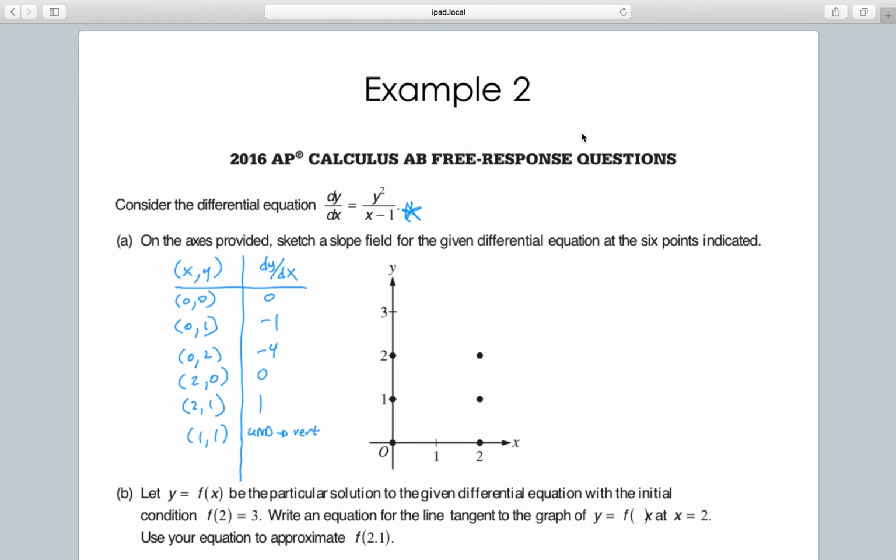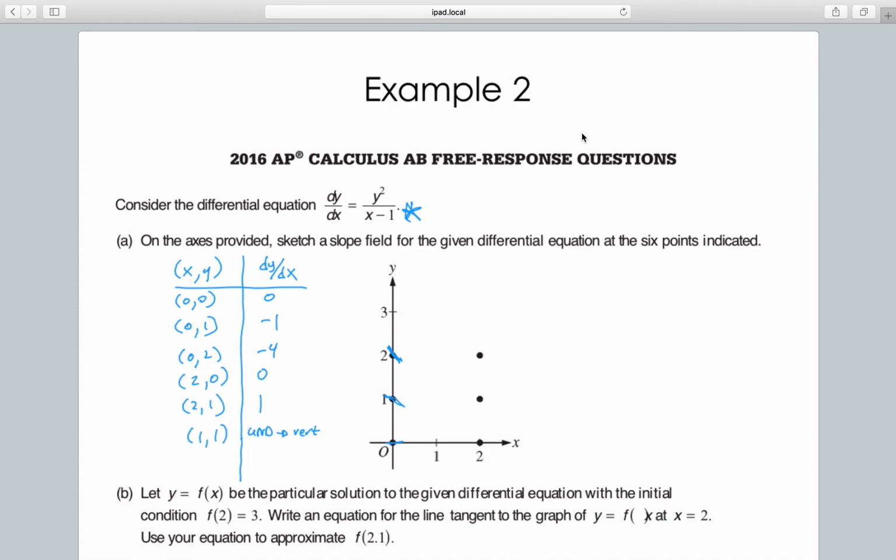Okay. So here's what this is looking like. At 0, 0, we have a slope of 0. At 0, 1, we have a slope of negative 1. At 0, 2, we have a slope of negative 4. And they're not picky. You just need to make them relative to each other. They're not going to take a protractor and measure that your slope is actually negative 1.